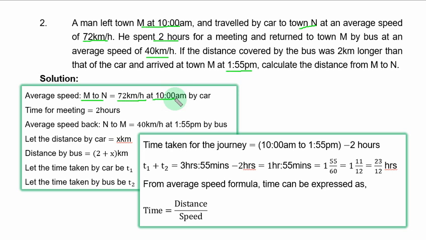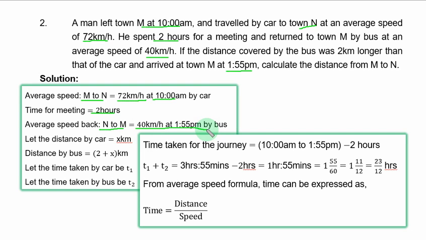So with this, the man arrived at town N. Time for meeting is 2 hours. Average speed back, that is from N to M, is 40 kilometers per hour at 1:55 p.m. by bus. Now let's get the distance.